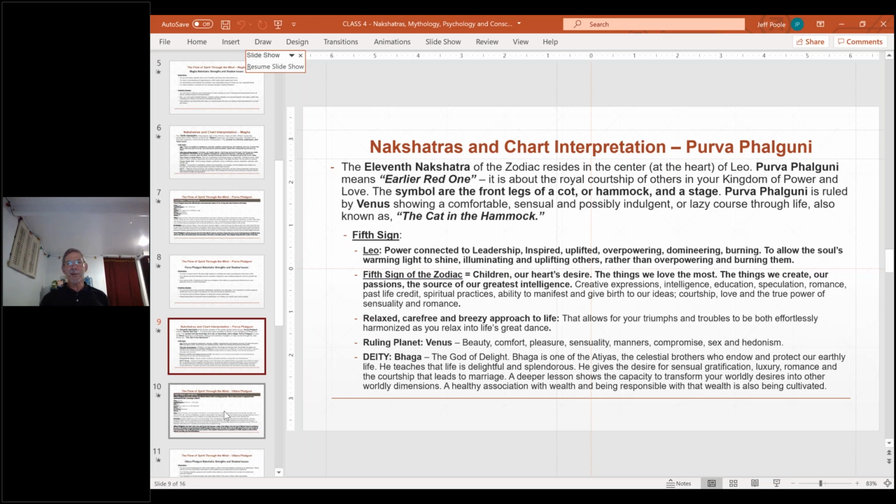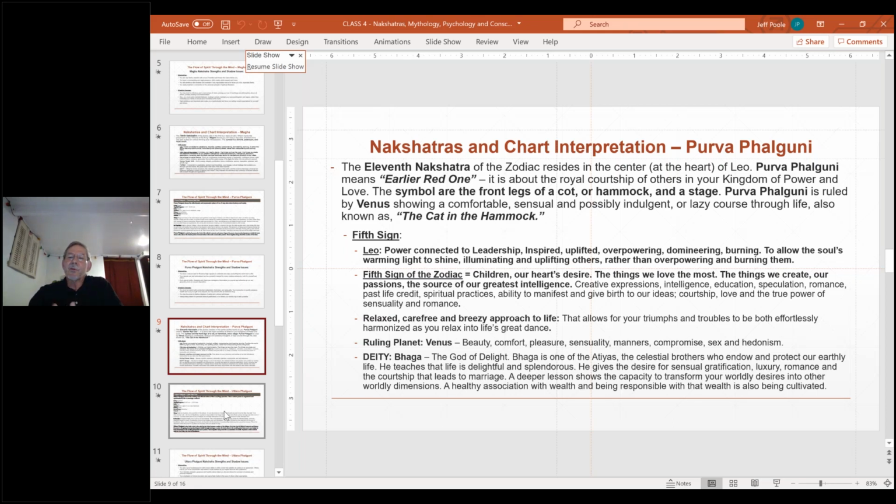And so here's where my Magha shows up correctly. The god of delight, the celestial brothers who endow and protect all the earthly life. And he teaches that life is delightful and it's splendorous and we should enjoy it. We can enjoy it through the witness, just like we do any movie that we're watching.